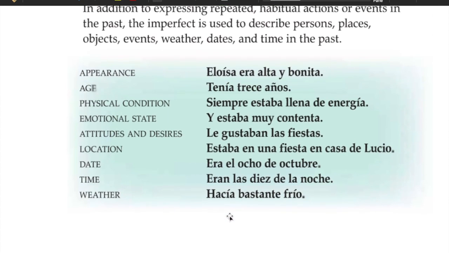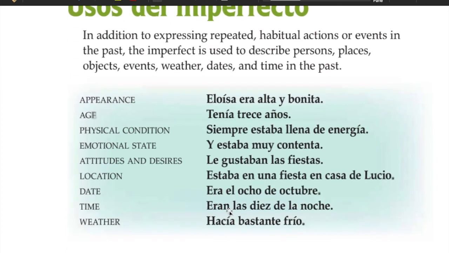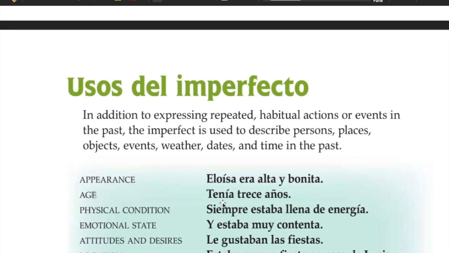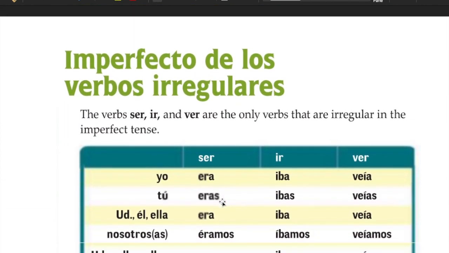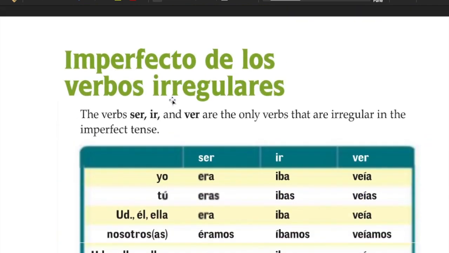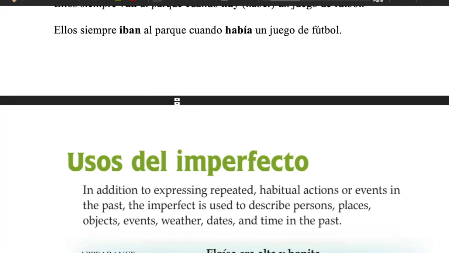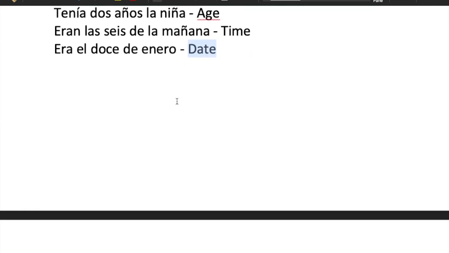So weather right there. That is basically the lesson for this week. Uso del imperfecto and imperfecto de los verbos irregulares. Like I said, go back to this. Watching this video will help you answer your questions, and I will also include the notes below.